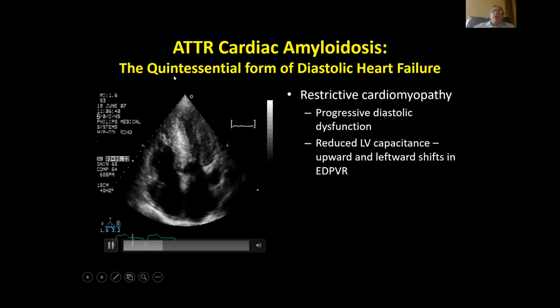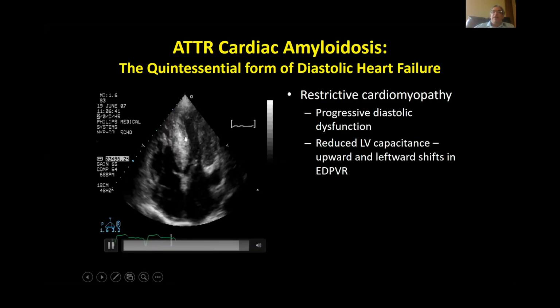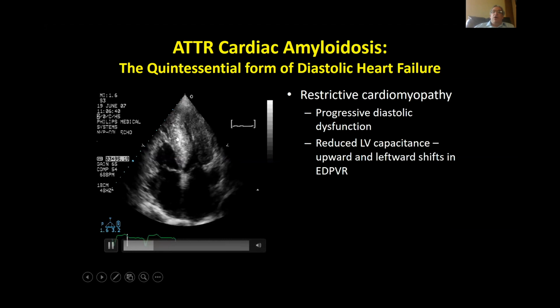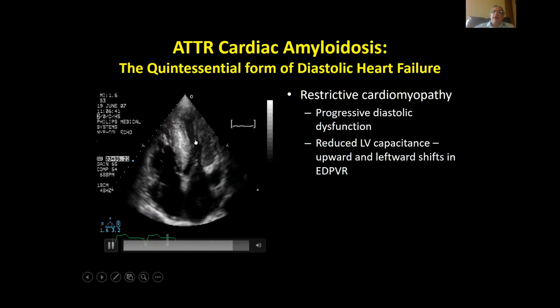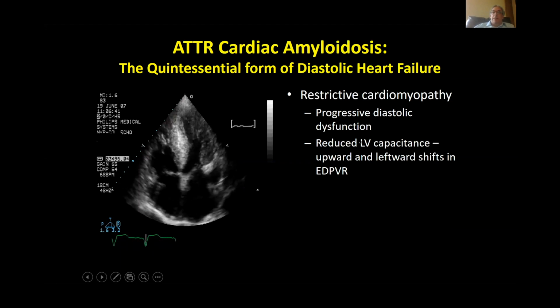This is really, I would say, the quintessential form of diastolic heart failure. It has a phenotype that we've seen in which the heart is markedly thickened. There is almost no cavity or chamber. The end diastolic volume is really small. And what happens in patients is they develop over time, because of the infiltrative nature, progressive diastolic dysfunction and a reduced LV capacitance.